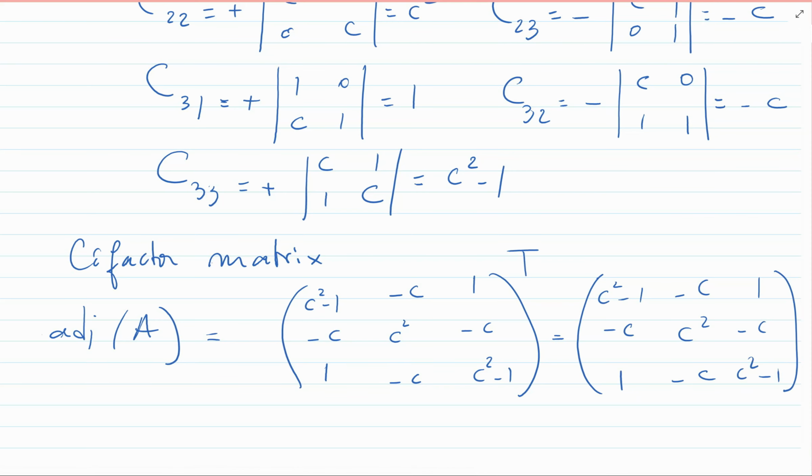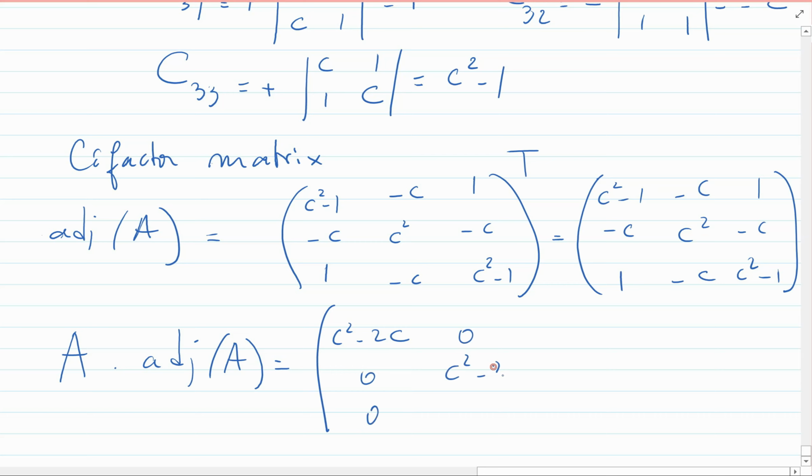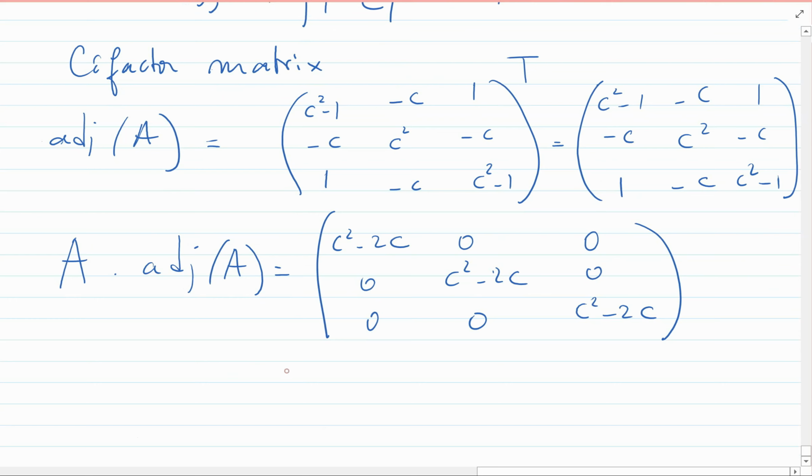So let's move on. Now we take A times the adjoint of A, and we will find the matrix with C squared minus 2C on the diagonal and 0 everywhere else. So what do we have? This is equal to C squared minus 2C times I3.